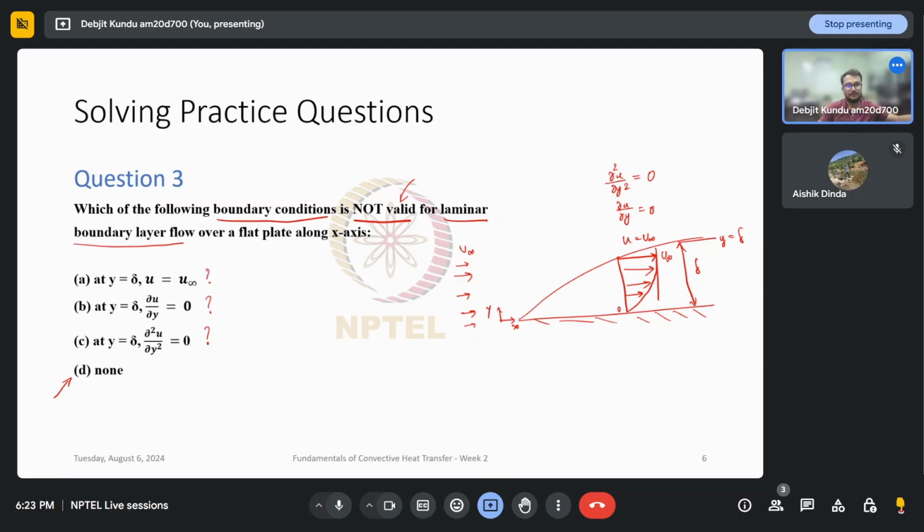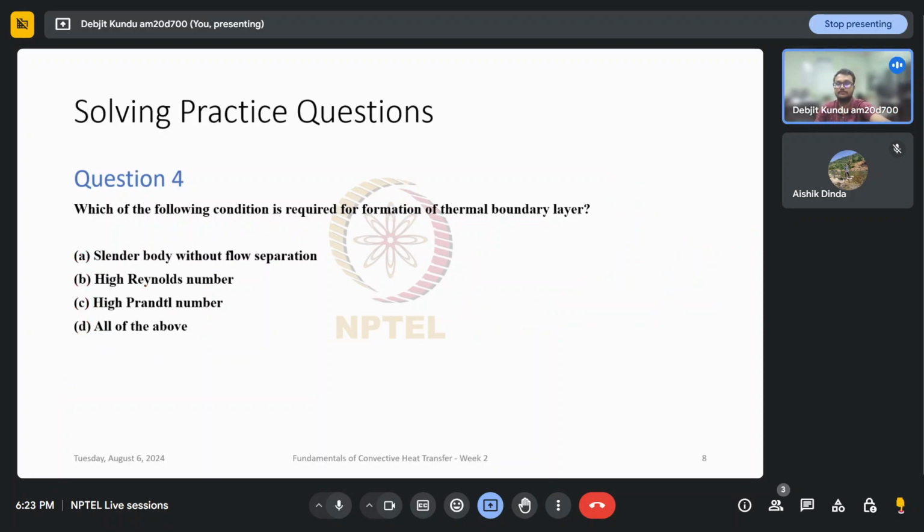Okay. If not, we will keep moving along. We'll move on to question number 4 now, which is asking us which of the following conditions are required for formation of thermal boundary layer. Or let's stick to which of the following conditions is required.